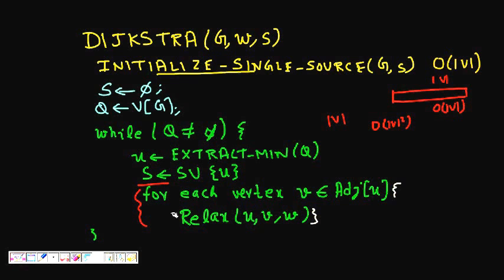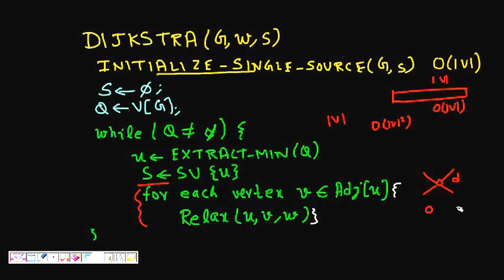For each of the nodes, this runs for each vertex v adjacent to U. So for each adjacent node it is relaxing. It means we travel the degree of that particular node, and this is happening for all the nodes.